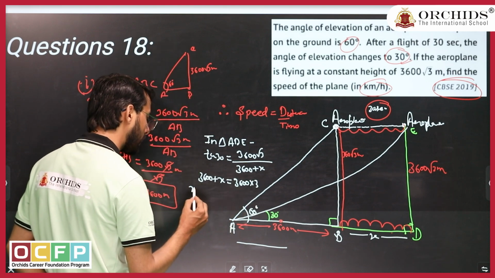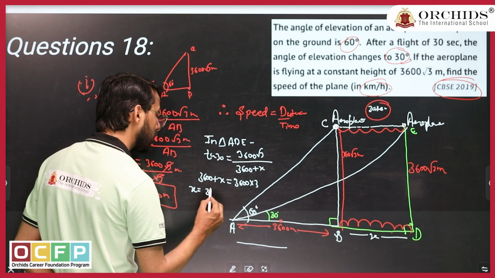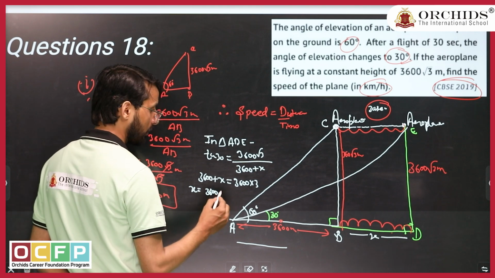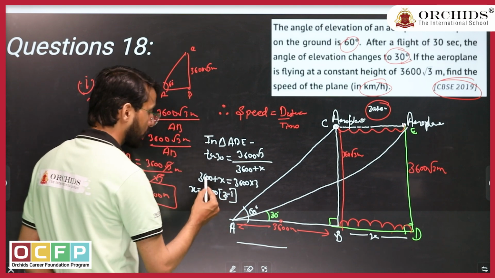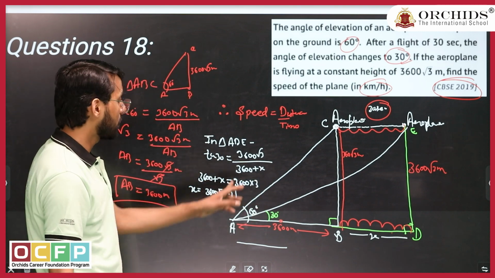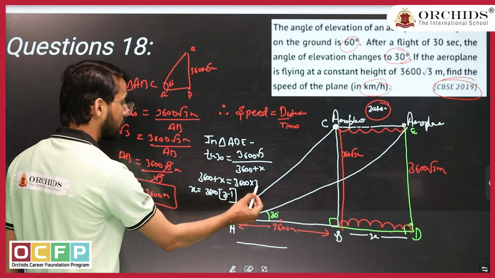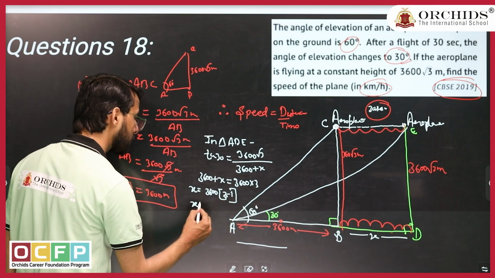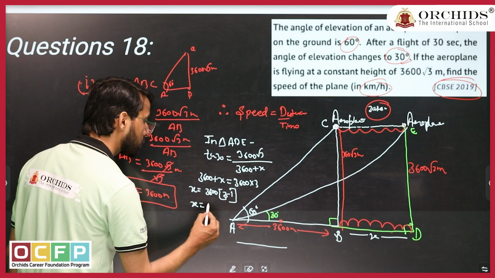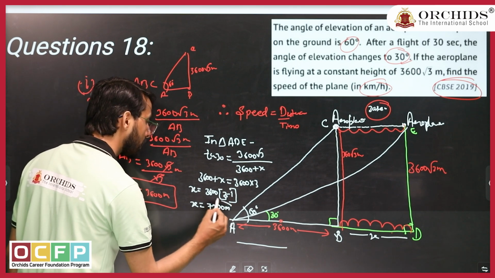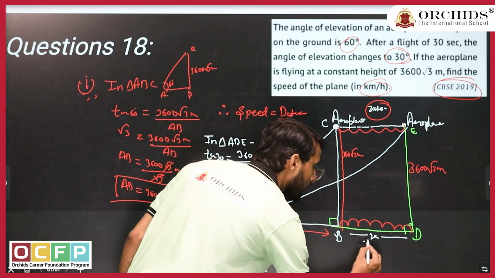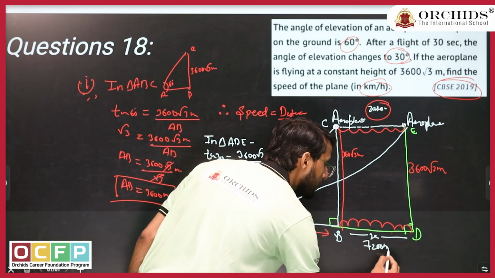Now the value of x, what I am going to get, 3600 will be common, 3 minus 1, because when you switch 3600 to that side, it will come in negative, and 3600 is common. So the x value I am getting as 2 times 3600, that is nothing but 7200 meter. So the value of x I got is 7200 meter.